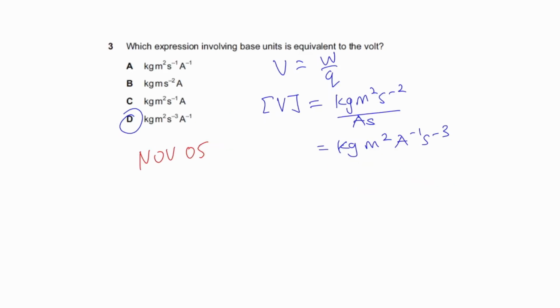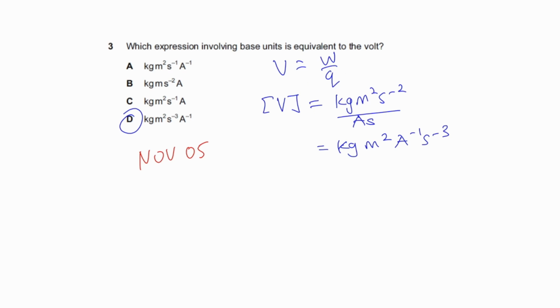And this next question, which is November 5, paper 1, question 3, asks you to find the expression that gives the base unit equivalent to the volt. The formula for volts, which is like PD or EMF, is given by V equals W divided by Q, where W is energy change and Q is charge.